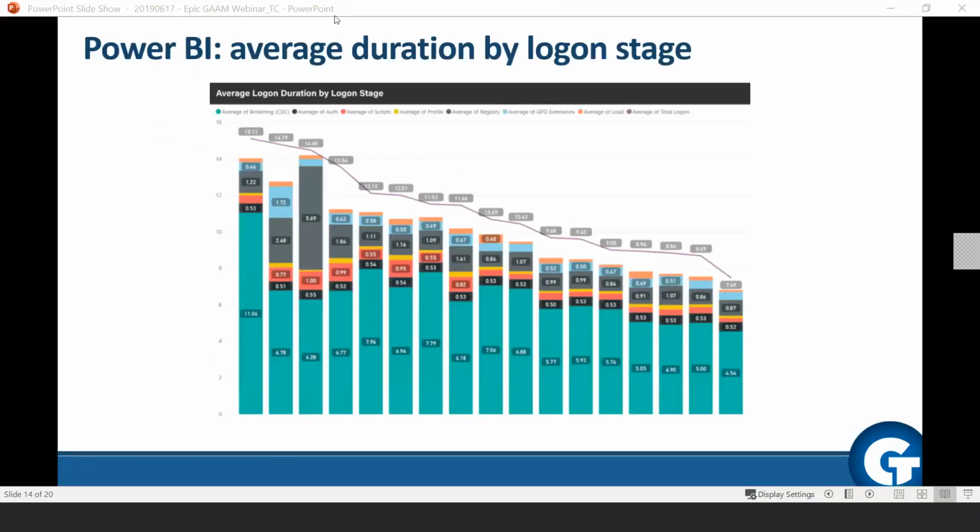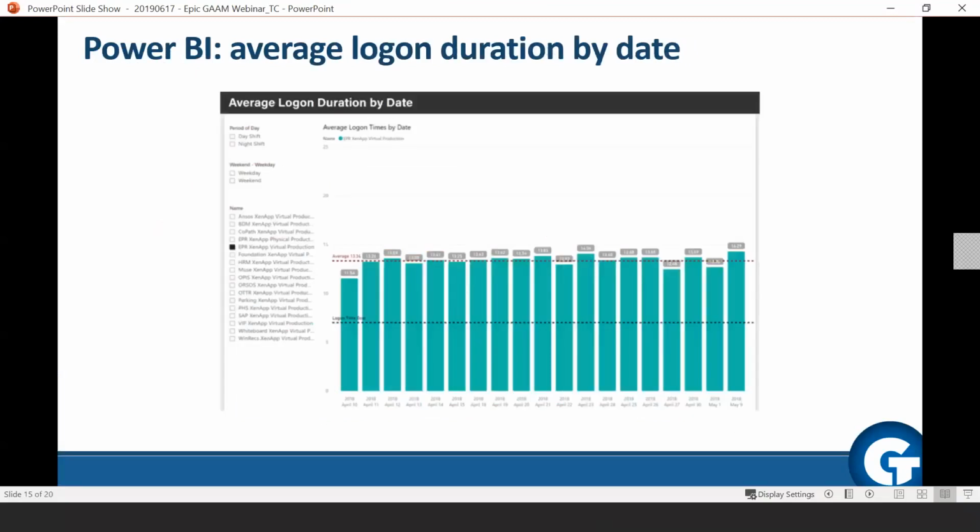So, real quickly, Yemi, do you want to show some of the slideware? The slides that you're seeing right now are average logon duration by stage. This is trended over a period of time, and this is all pulled right from our database. I believe this is in Power BI. This is the average logon times by date.